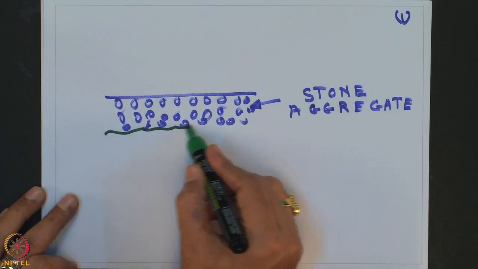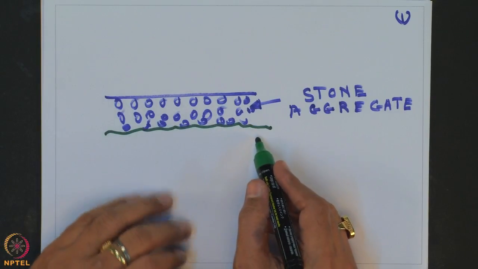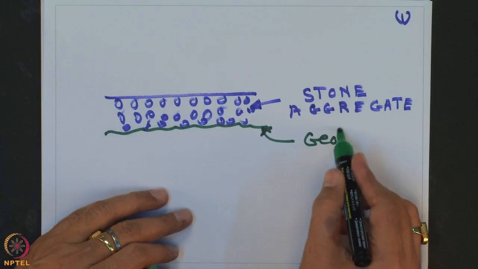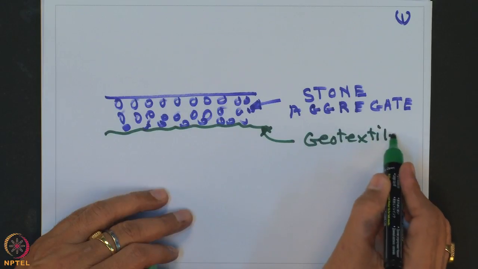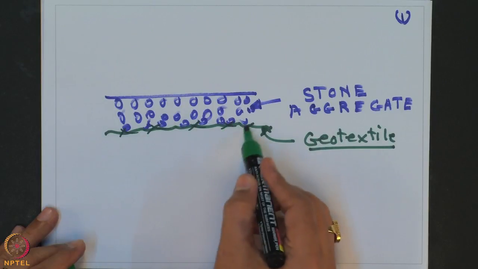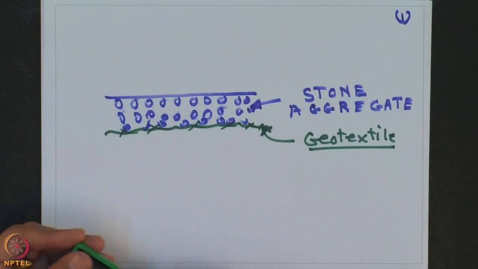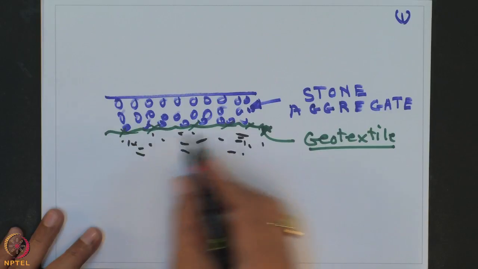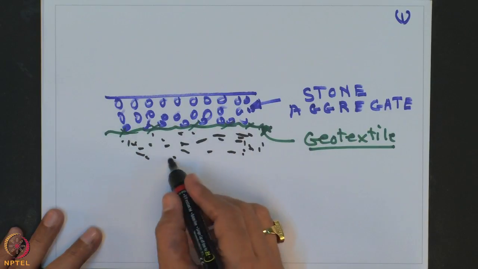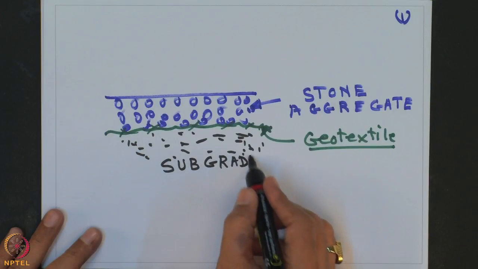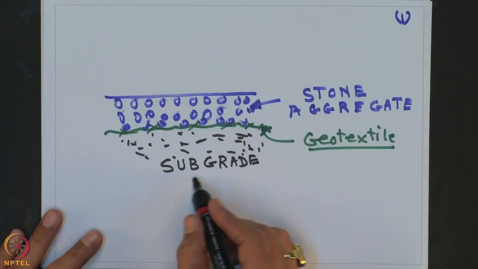So, this is the geotextile material, you are placing here. Okay. And this is the subgrade soil.